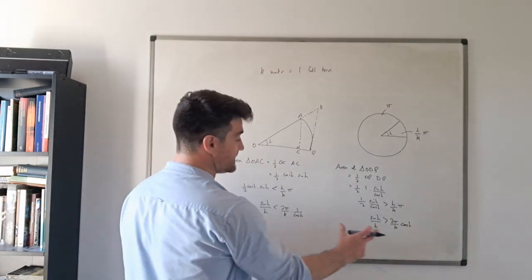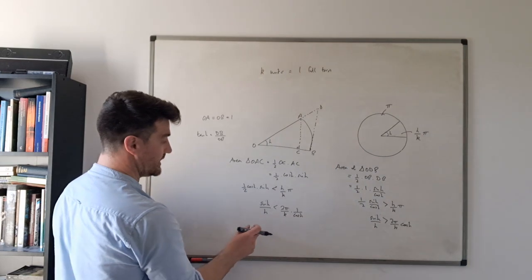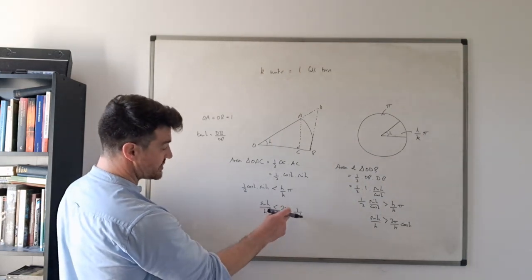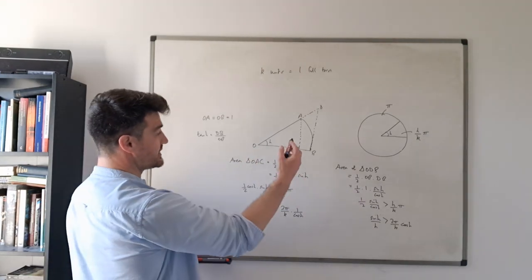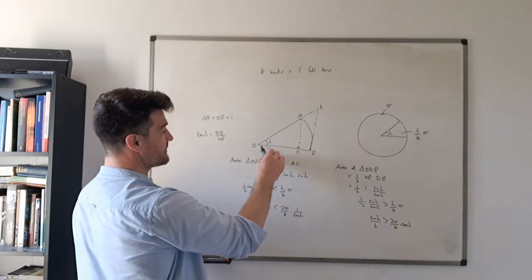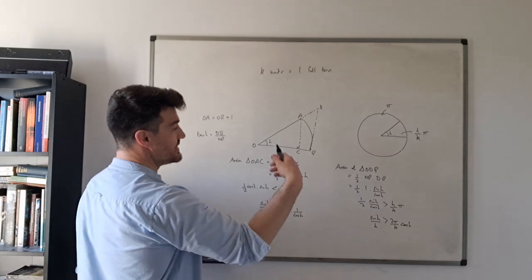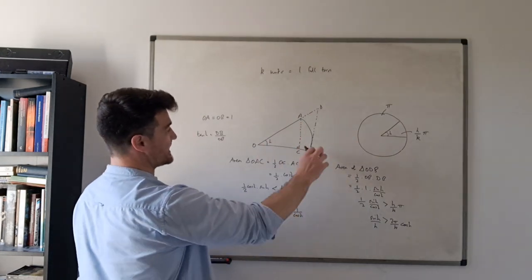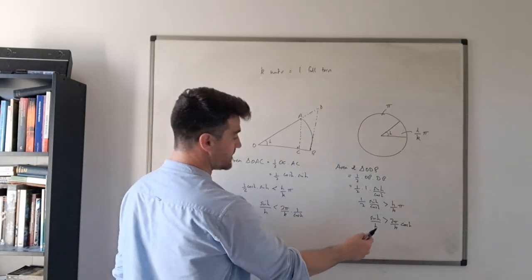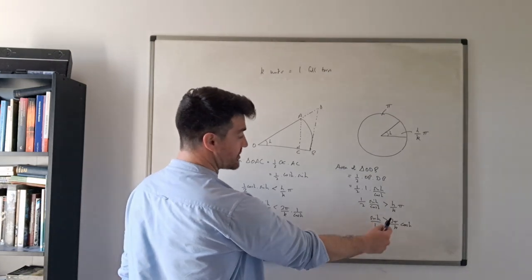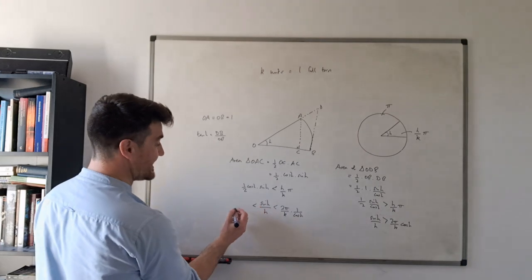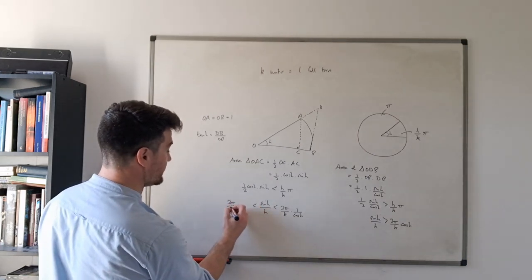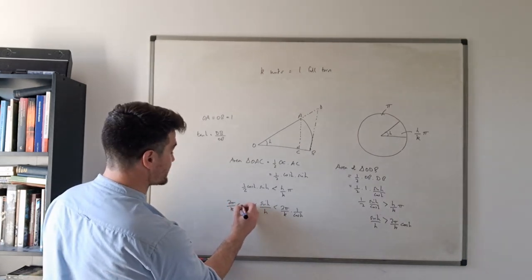So I can combine these two inequalities now. Sine h over h was less than 2 pi over k times 1 over cos h. That's what came from comparing the area of the smaller triangle with the sector. Now comparing the area of the sector with the area of the larger triangle, I get that sine h over h is greater than 2 pi over k times cos h. So I can add that in here, 2 pi over k cos h.